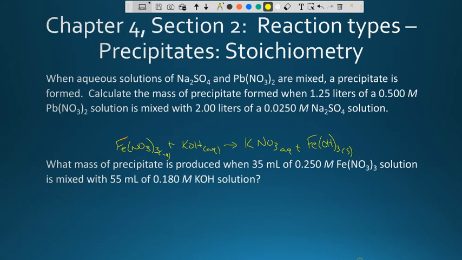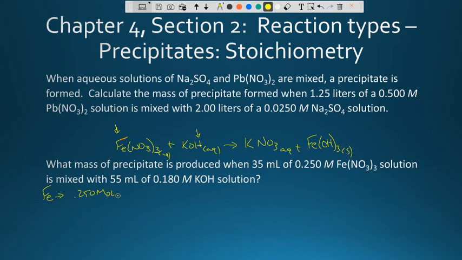All right, so we're going to be mixing this in. Let's keep track. Notice that my nitrate really isn't valuable here, and my potassium really isn't valuable here. It's really about my iron, and it's really about my hydroxide. Okay, so let's take a look at these solutions. We'll take them in turn. Let's deal with my iron part first, just because it's listed first. I have a 0.250 molar solution.